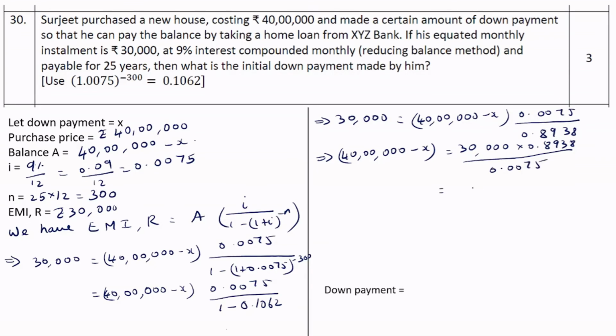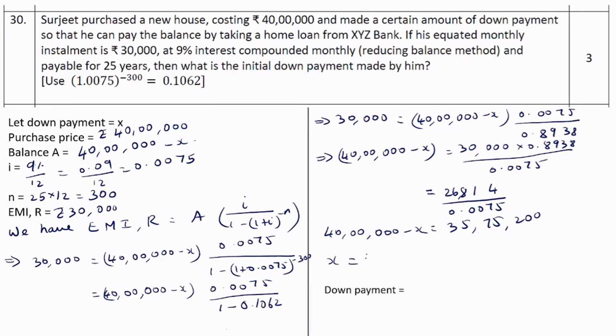Now when we multiply 30,000 into 0.8938, it comes out to be 26,814 upon 0.0075. When we simplify, it is 35,75,200. So 40 lakhs minus X is this much amount.